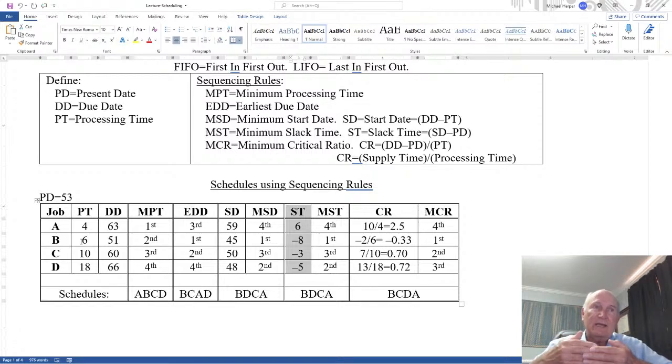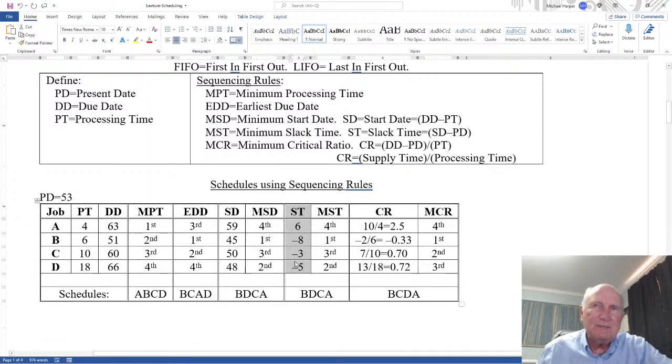So I can wait one time period before I start, and only be five early. I can wait as many as 6 days before I start job A and not be late. So that's the slack time. It's how much slack you have to start the job relative from the present date to the start date.